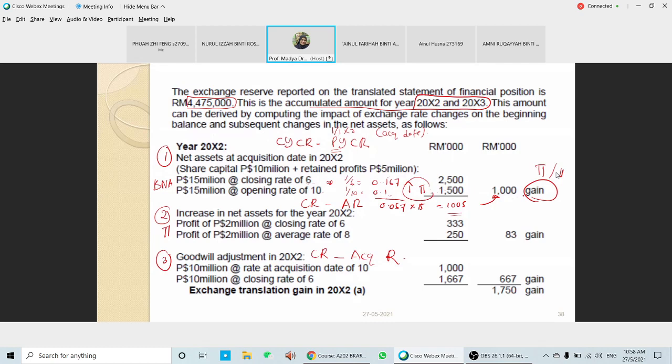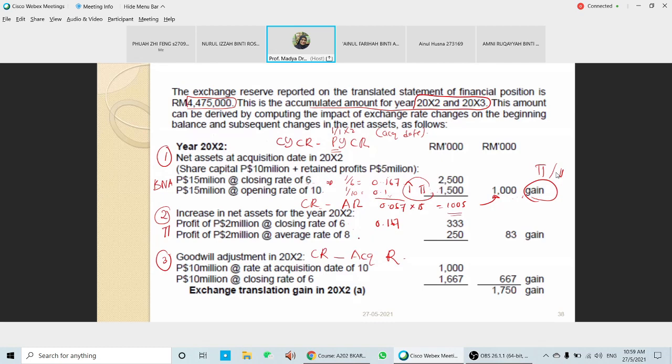The next one, you have the profit here. So the profit here, we're going to compare between the closing rate and the average rate. The closing rate is 0.167 or 0.17, and then the average rate is 8.